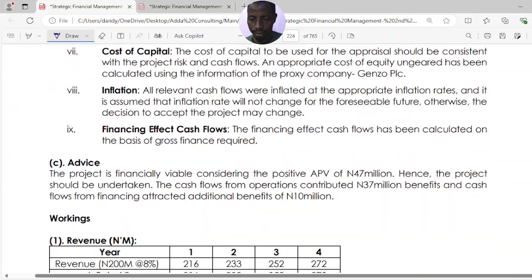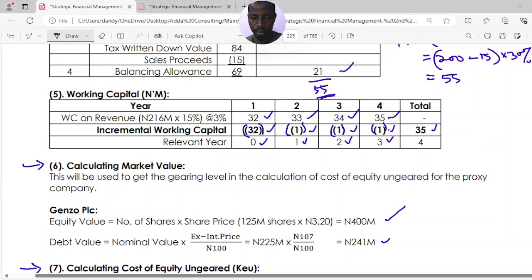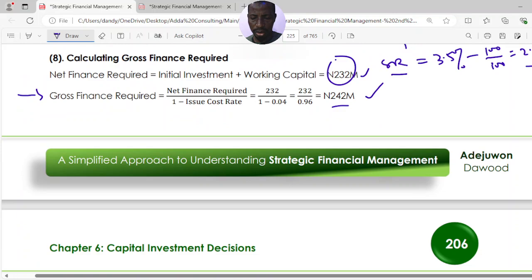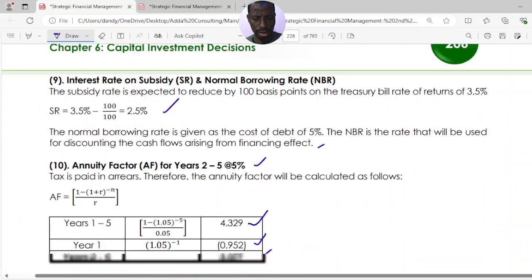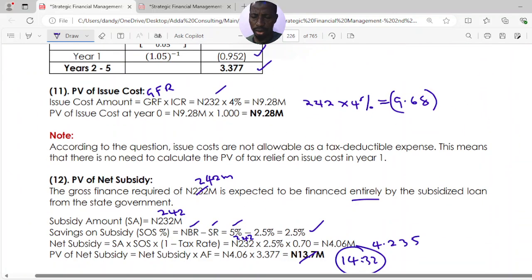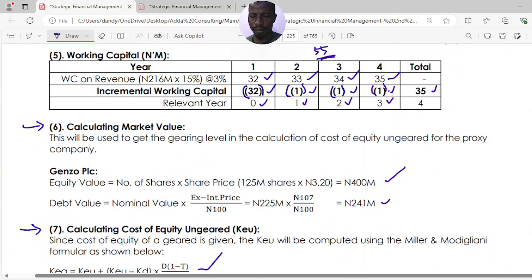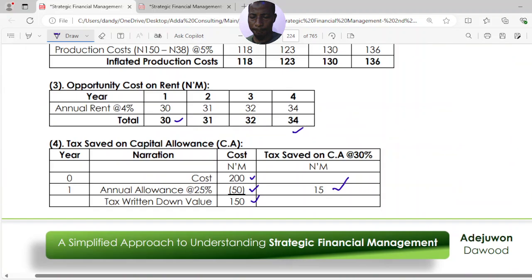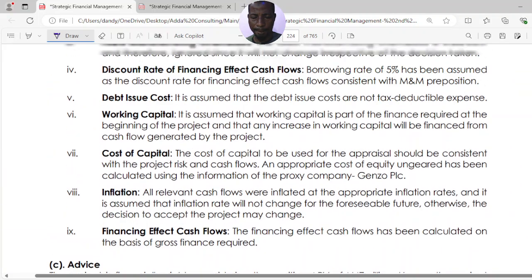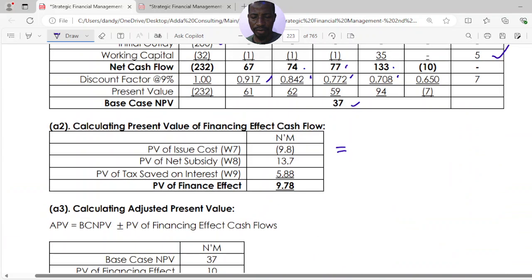We got 9.68. That's why you have to be very careful when you are picking numbers.